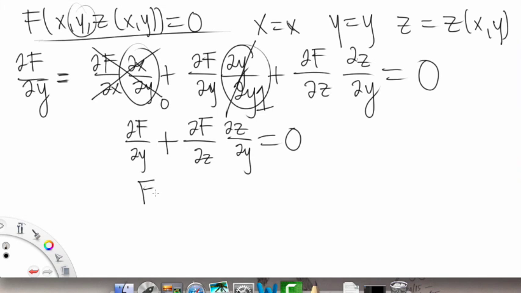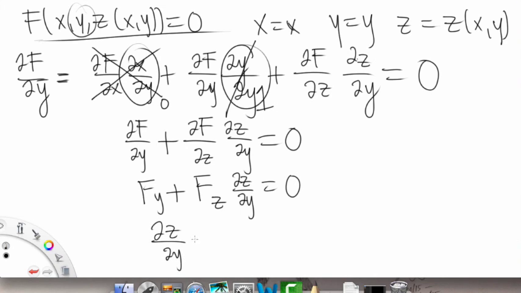So if we rewrite that a little bit, we get f sub y plus f sub z times partial z, partial y is equal to 0, and then partial z, partial y ends up being a negative f sub y over f sub z.